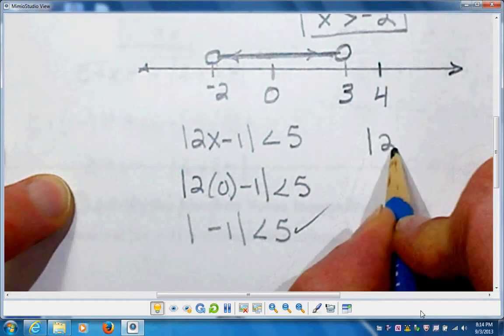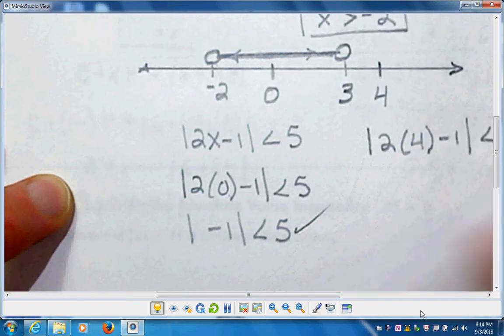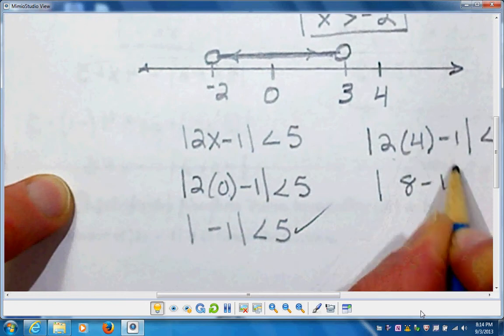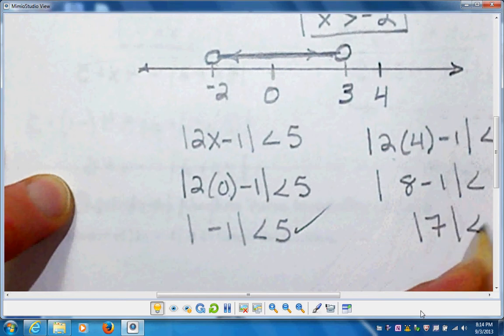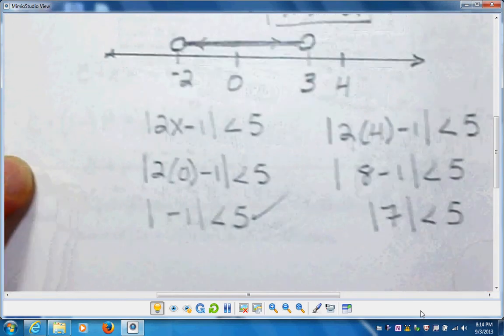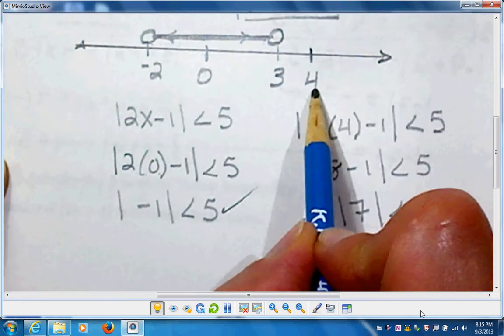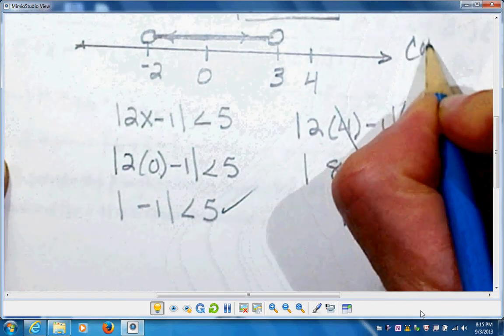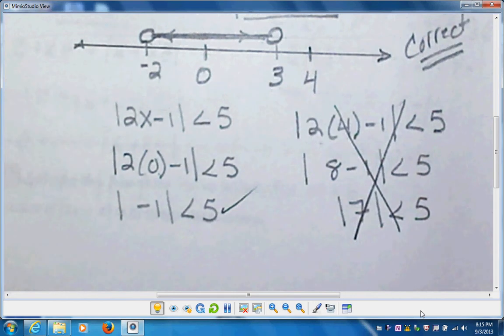So if I have 2 times 4 minus 1, that should be less than 5. 2 times 4 is 8, minus 1, so the absolute value of 7 is less than 5. Well, that's not true. The absolute value of 7 is not less than 5. So we know this is not a solution, which means I graphed it correctly.